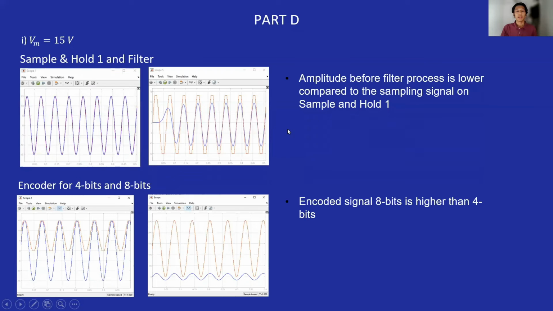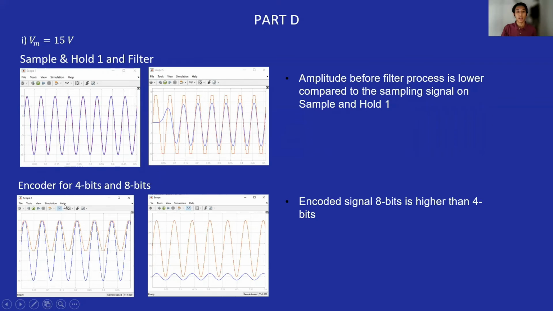Moving on to part D. For the first one, we set the VM to 15 volt. For the sample and hold and filter figure, we can see that the amplitude before the filter process, which is the orange waveform, is lower compared to the sampling signal on sample and hold 1, which is the blue waveform.